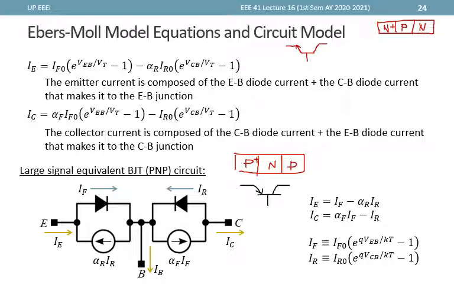So IE in this case is leftwards, IC is leftwards, and IB is upwards. If we start with the diodes, so we have PN and then PN, both directed outwards. So we can draw something like this.